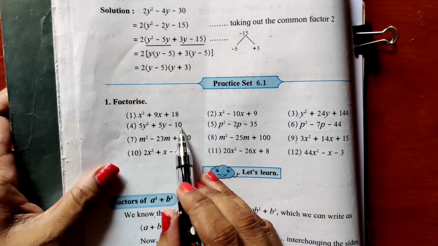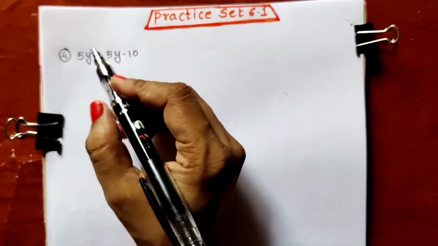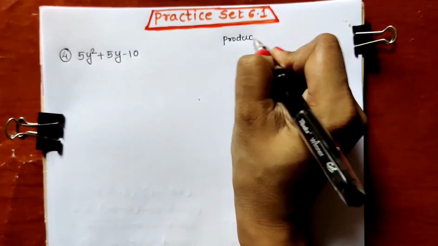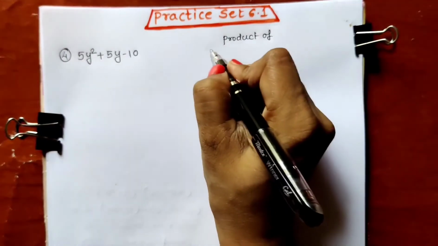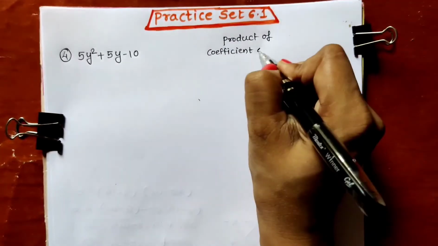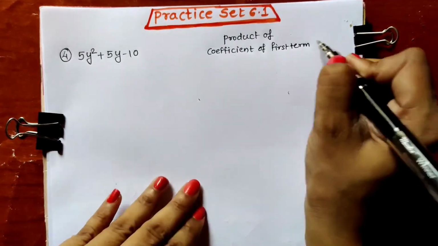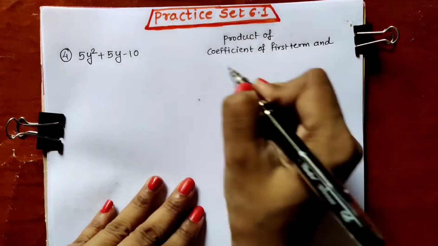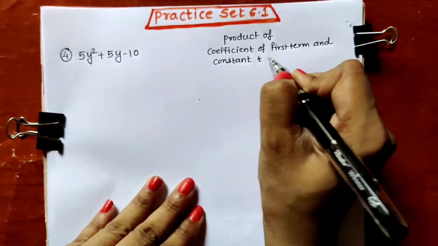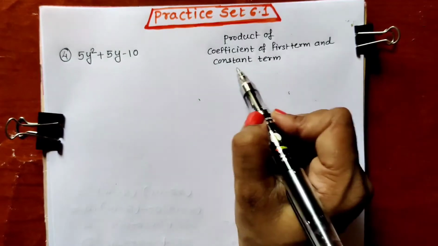We will have to find out the factors of the term which is the product of coefficient of first term and constant term.